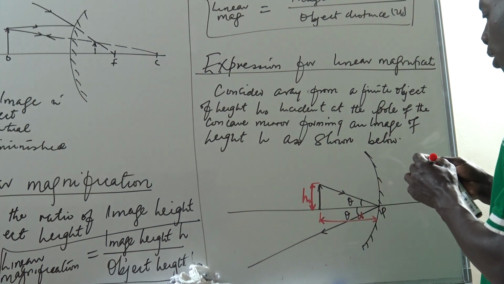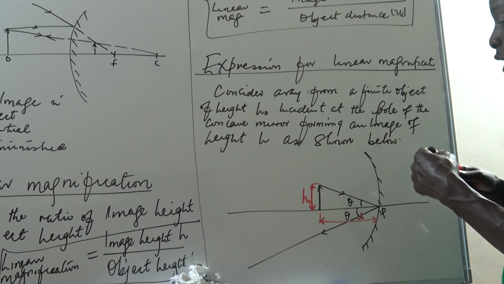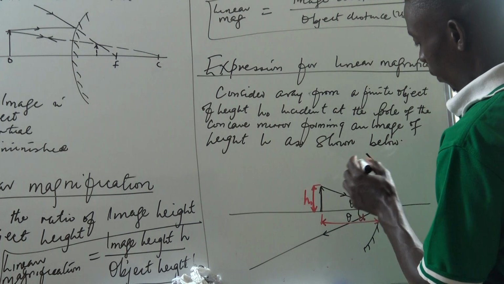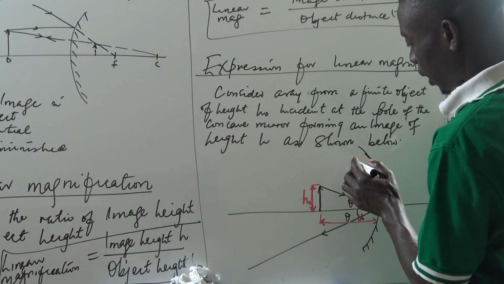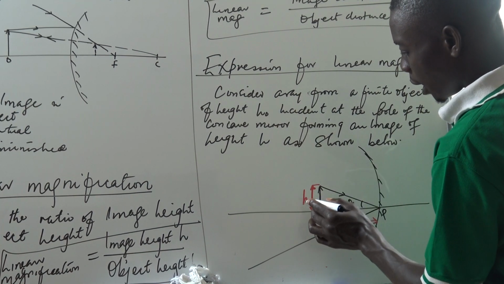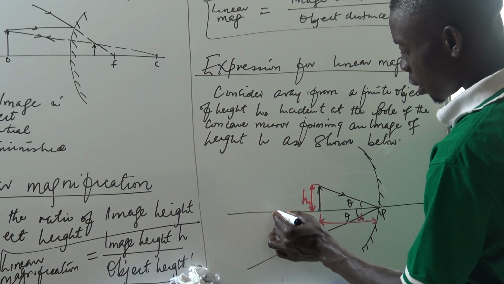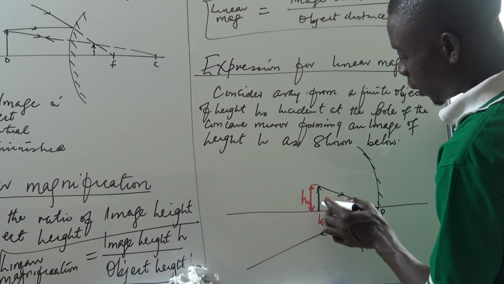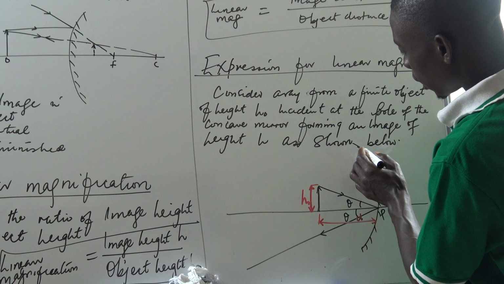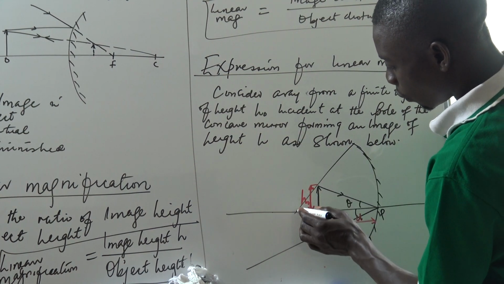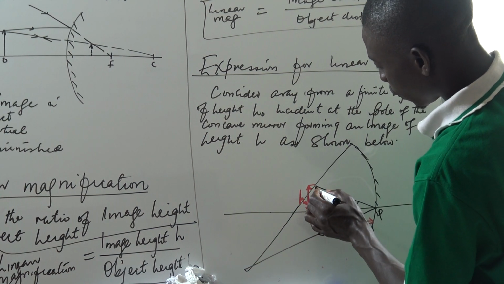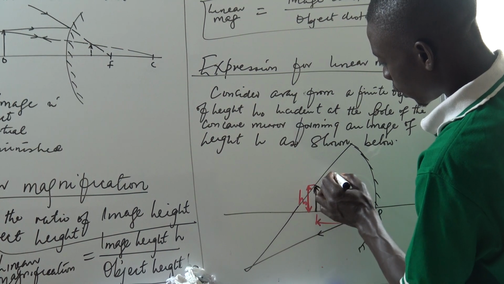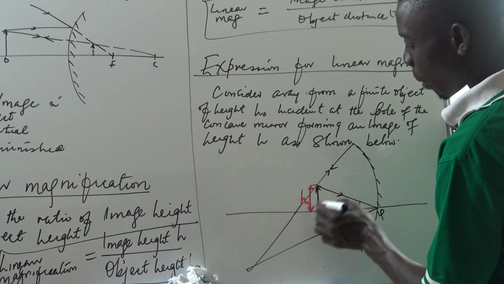Now where is the image first of all going to be formed? If I also look at the light rays passing through the center of curvature along the same path.